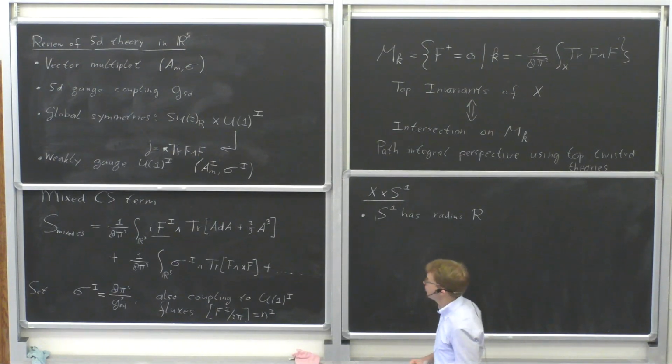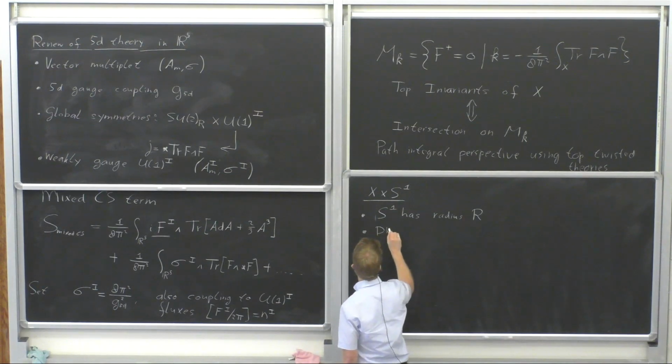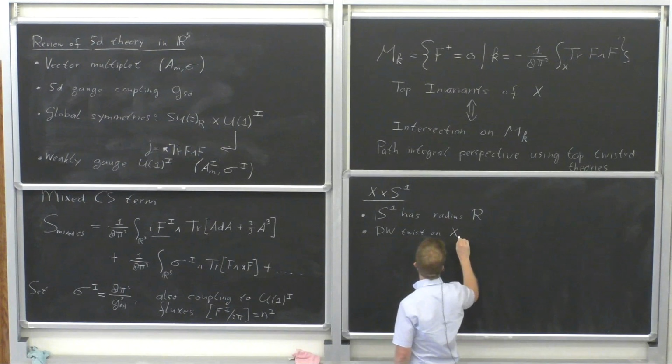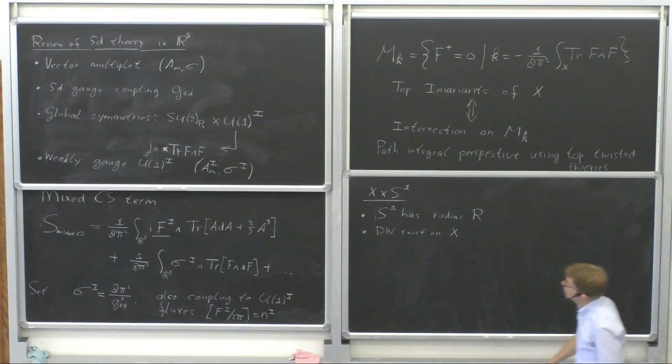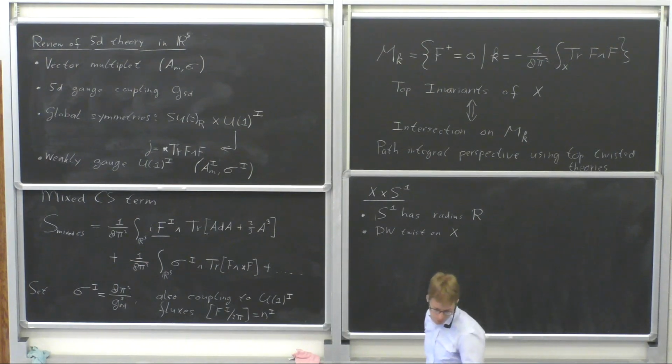We partially topologically twist on X with the Donaldson-Witten twist, making use of the SU(2)_R part of the global symmetry group.